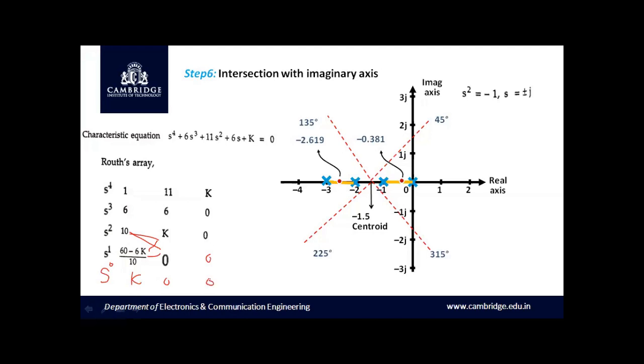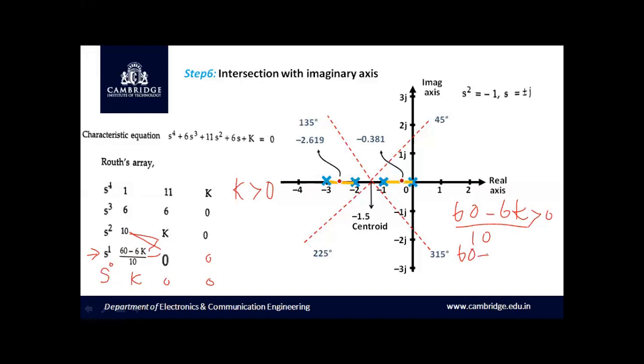Now we have to find the range of k. From the last row, it is very clear that k should be greater than 0 so that the system will be in stable condition. Then making use of the s to the power 1 row, the first element can be given by (60 minus 6k) divided by 10 greater than 0.